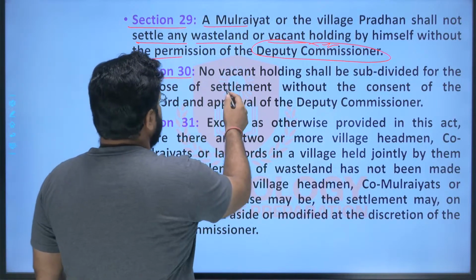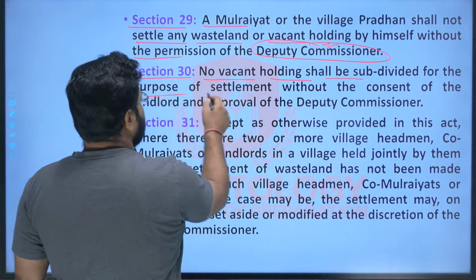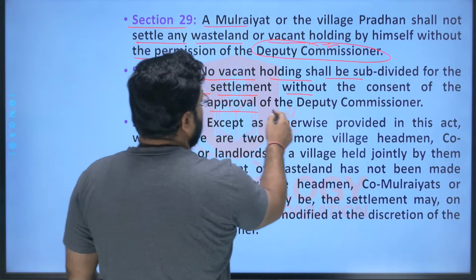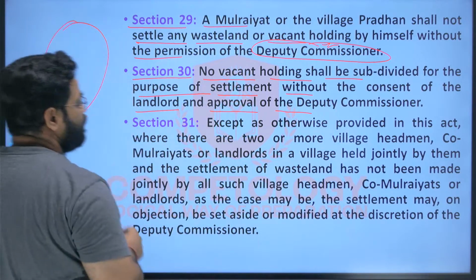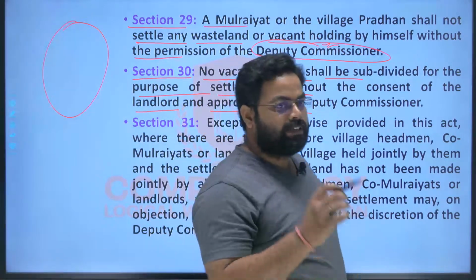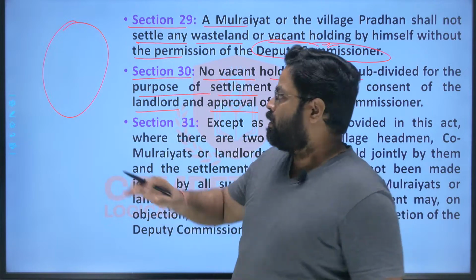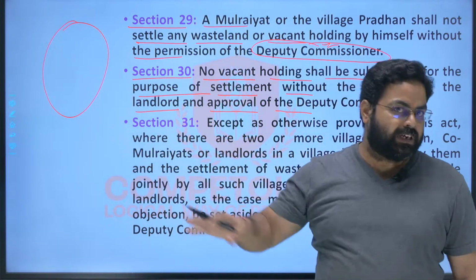Section 30 says that no vacant holding shall be subdivided for the purpose of settlement without the consent of landlord and approval of the DC. So suppose that here is a piece of vacant holding or the wasteland, and if it has to be settled with any of the rayat, but he is saying that the whole complete plot I am unable to cultivate, so give me half of that plot.